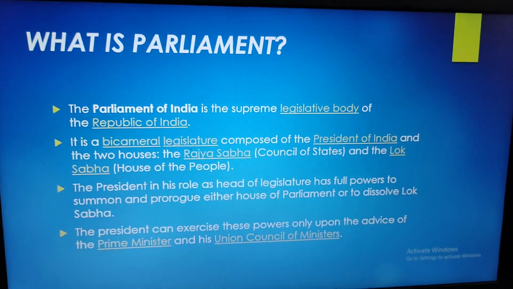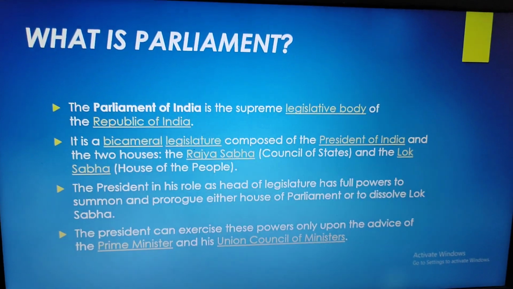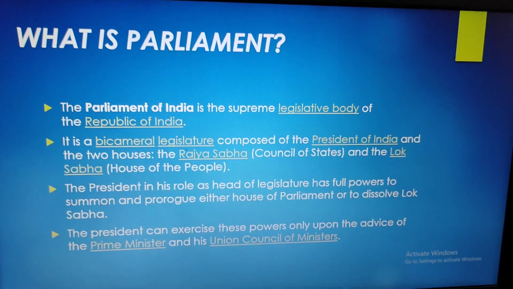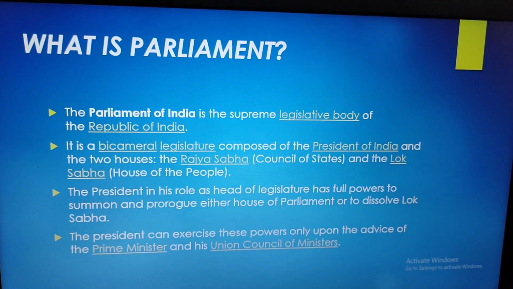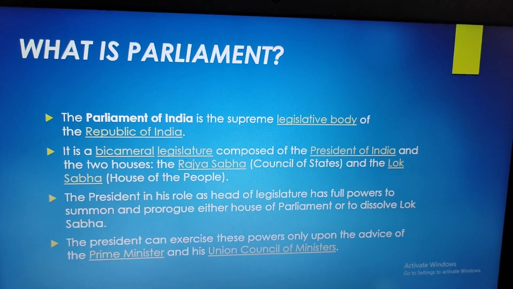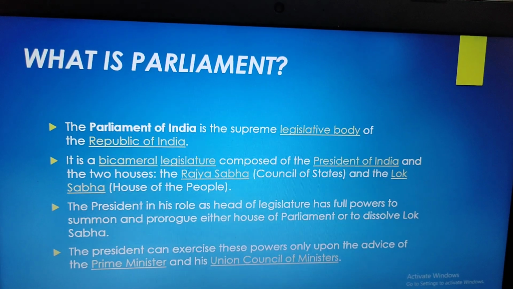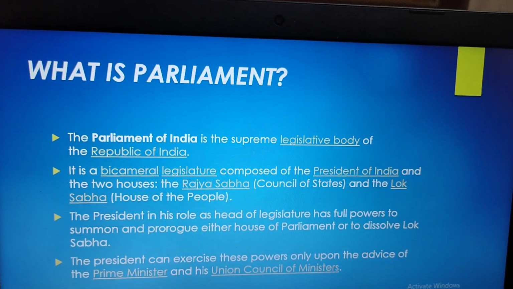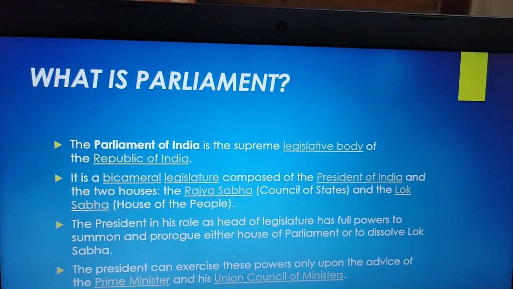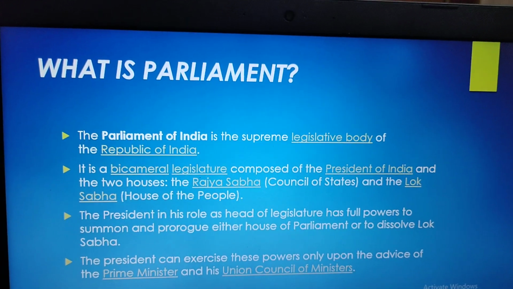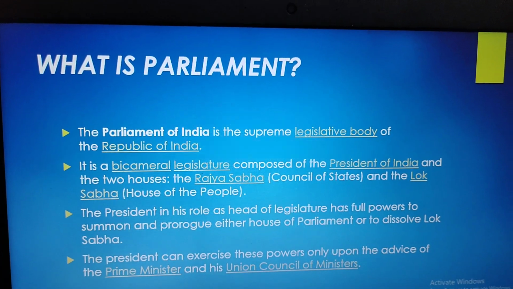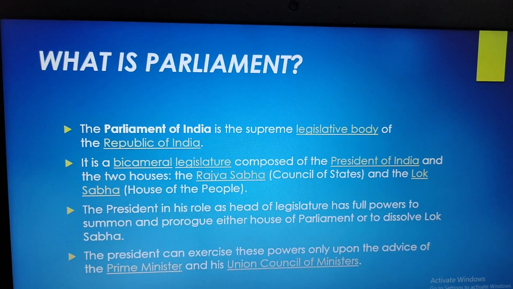Now, what is Parliament? The Parliament of India is the supreme legislative body. Legislative means law-making body of the Republic of India. It is bicameral, meaning a legislature which has 2 houses. Bicameral means 2. It is a bicameral legislature composed of the President of India and the two houses, the Rajya Sabha, also known as the Council of States, and the Lok Sabha, known as the House of the People.